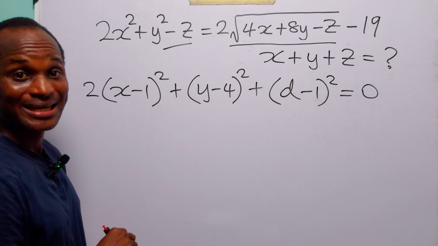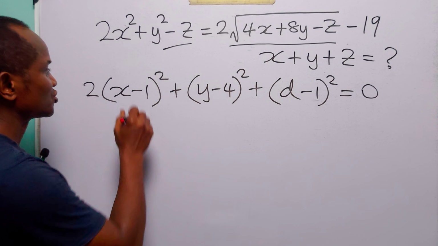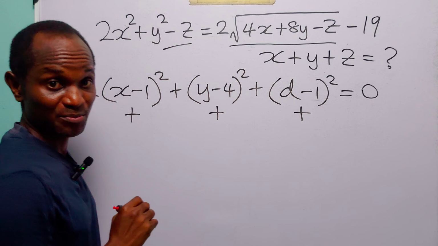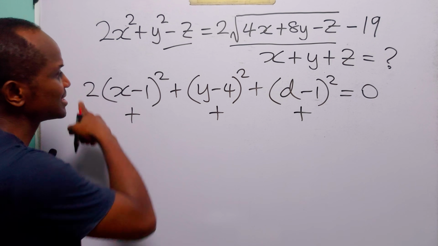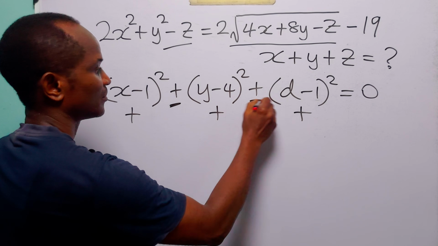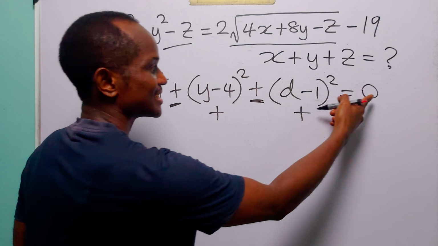Now remember that the square of a real number must be positive. So this is positive, and this is positive. But notice that this equation tells us that the sum of three positive numbers is 0.